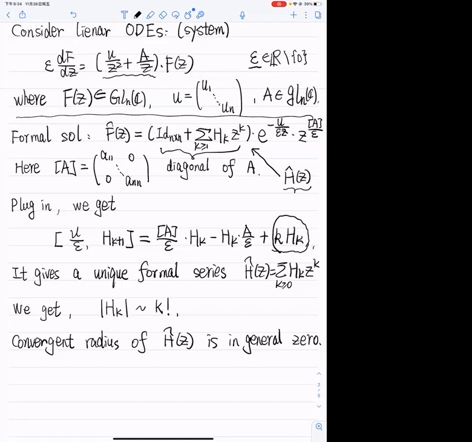And I see that H hat z is uniquely determined by a recursion relation. But if I estimate the norm of Hk, I find that the norm of Hk has k factorial growth. Therefore, what I get is only a formal sum. The convergence radius is in general 0.